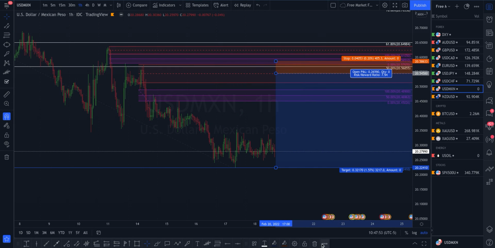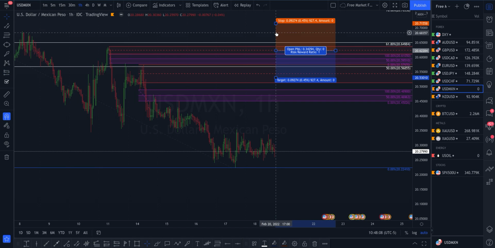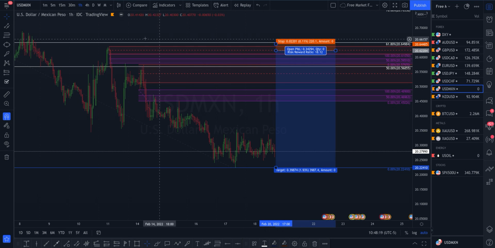So guys, I'm just going to look for entry around here. Stops just above this high. We've got initial target there at the 0.